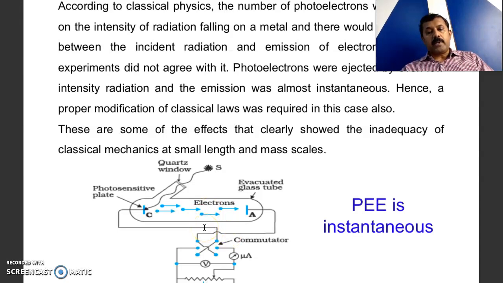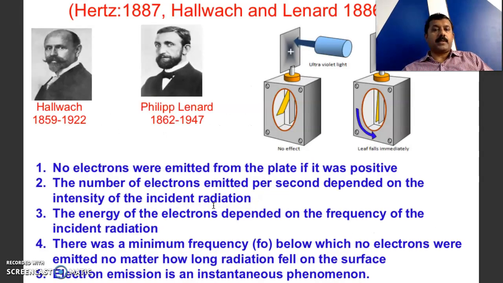But from the experiment, what we observe is that this photoelectric phenomenon is instantaneous. That means there is no time delay between the incidence of light and the emission of electrons. So as soon as the light is incident, electrons are emitted. This instantaneous concept cannot be explained by using classical laws.